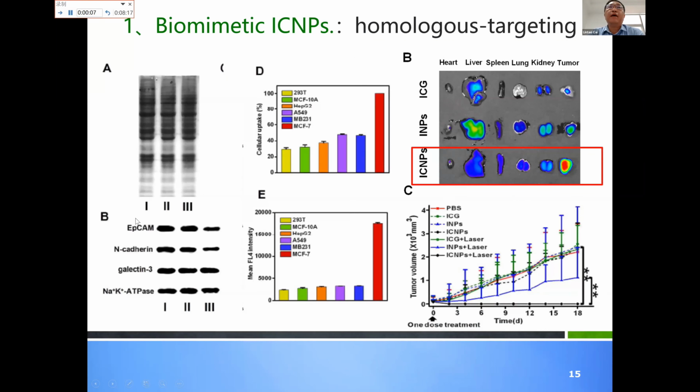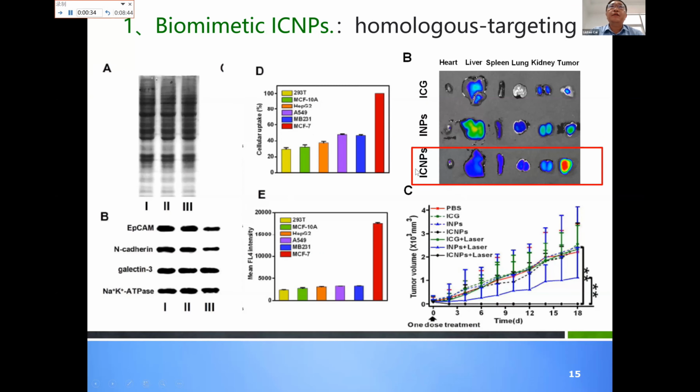That means we have different adhesion factors, so we can recognize, such as when we use MCF membranes, these nanoparticles can only target the MCF tumors, and you can discriminate different tumor types and also normal tissues and get good accumulation in the cancers.